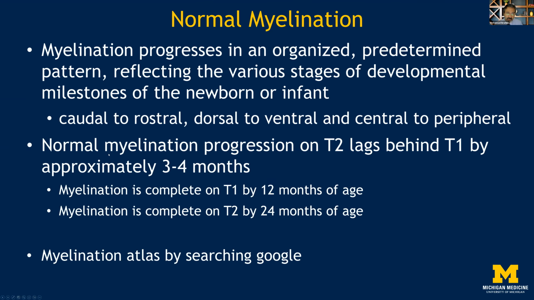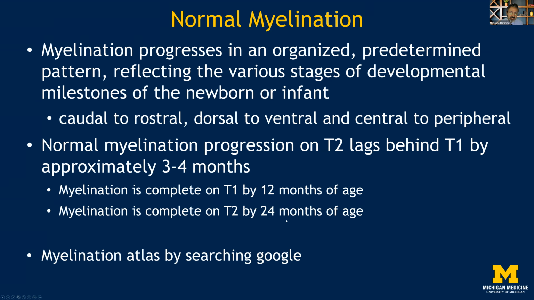We have to remember that the normal myelination progression on the T2 weighted images lags a little bit behind the T1 weighted images, roughly approximately 3 to 4 months. A general rule, which I see but really don't like a lot, is that myelination is completed on T1 by 12 months of age, and it has its adult appearance on T2 by 24 months of age.